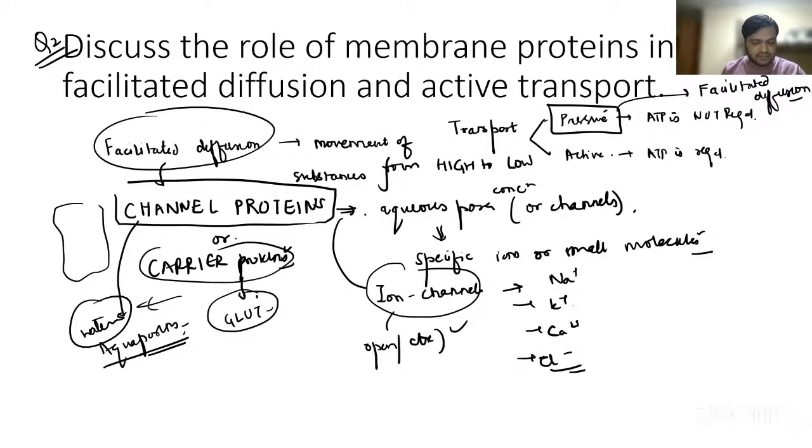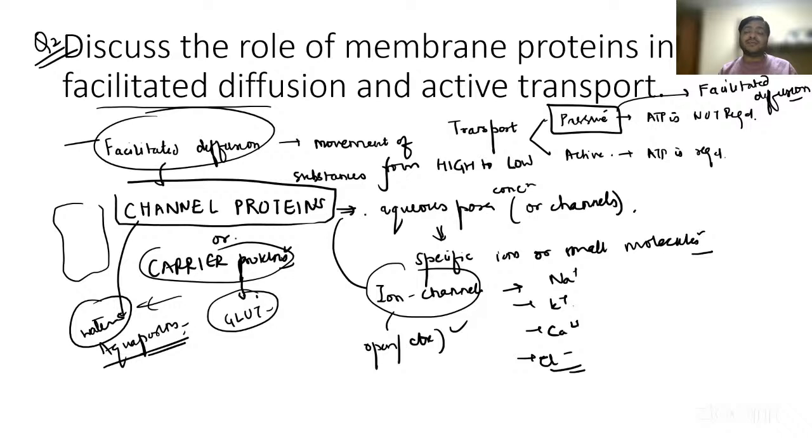So yes. Now, what are the characteristics of facilitated diffusion? They will only allow certain molecules to pass through them. They will not allow each and every molecule to cross. And secondly, there is no ATP requirement over here. And guys, there is something called saturation.